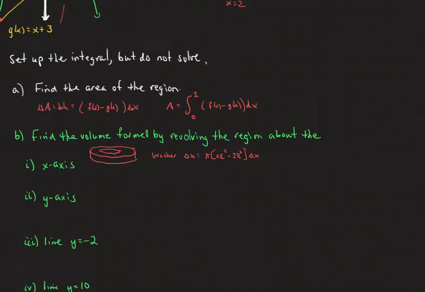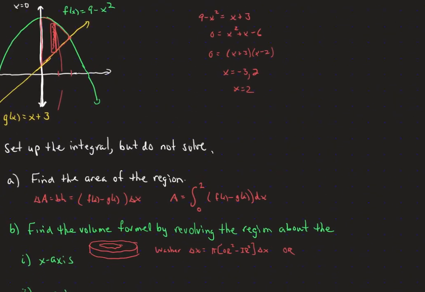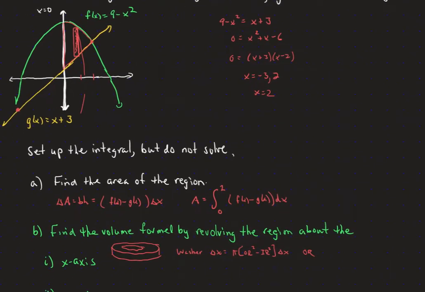Now that outside radius is going to be the top curve. It's going to be that distance. Let's see if I can pull this down without making you seasick. So our outside radius is going to be that distance from the edge of our solid to the axis of revolution, which in this case is the x-axis.